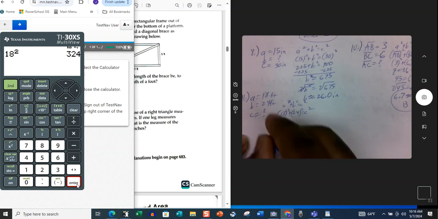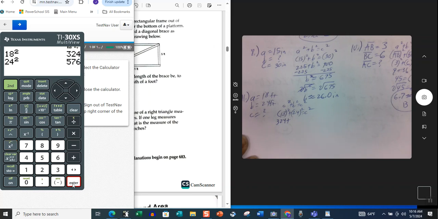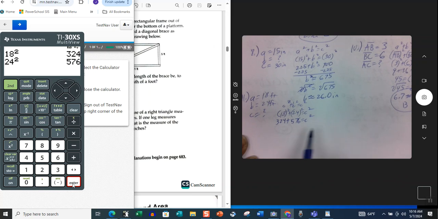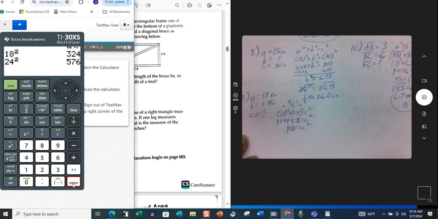That gives us 324 plus 24 squared. That gives us 576 is equal to C squared. 324 plus 576 is 900, which is equal to C squared.